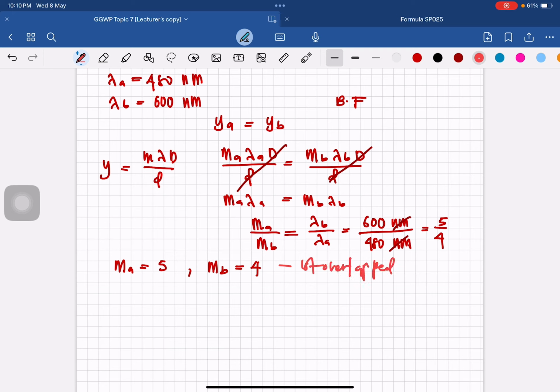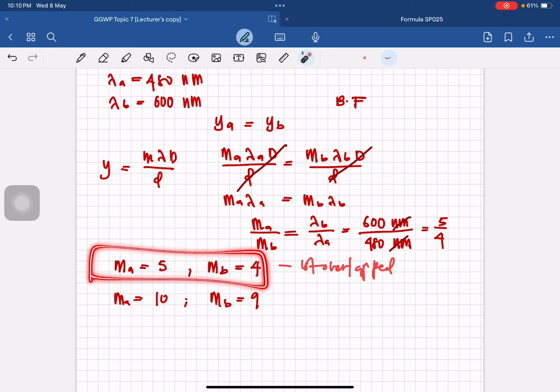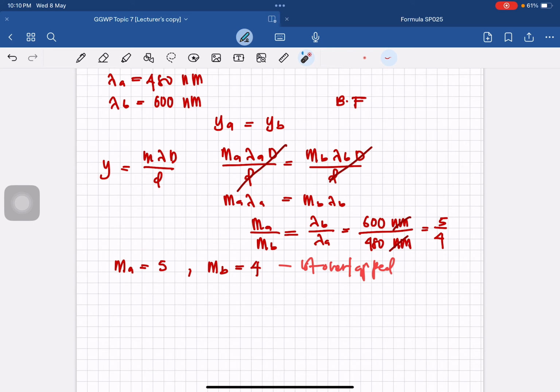The next overlap is when M_A is equal to 10, and then M_B is equal to 8. Macam tu. Okay, so the first overlap is basically this order number lah. Tapi kamu ignore yang ini. Kamu just kena tahu the order number yang membuatkan dorang overlap adalah bila M_A equal to 5, M_B equal to 4.